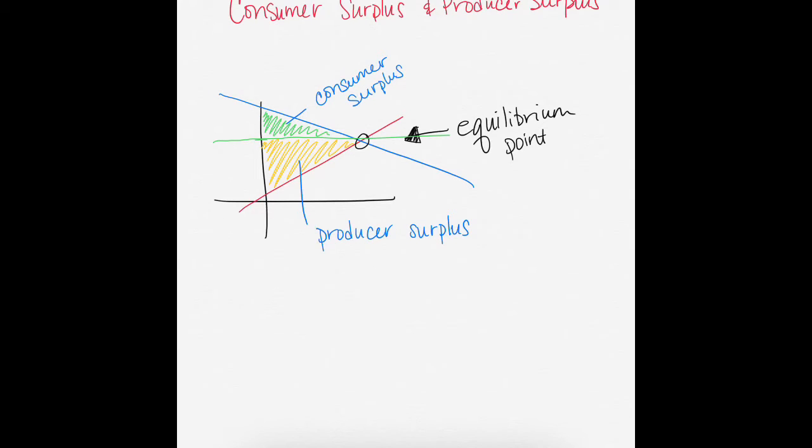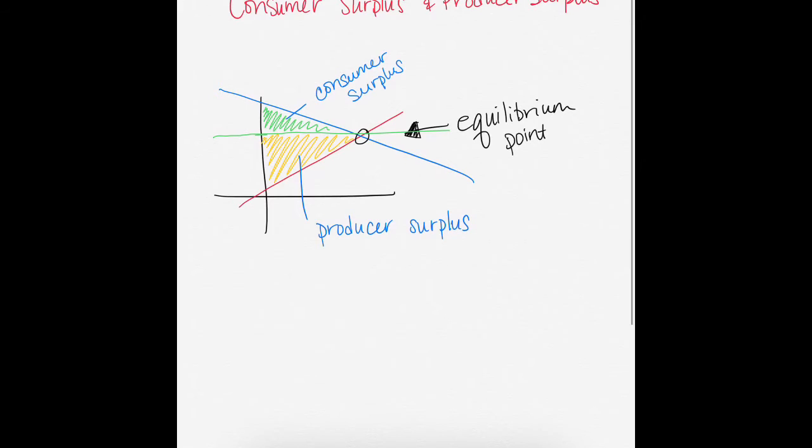So as you can see, the areas that these two create are triangles, because a supply and demand is always going to be a straight line in our instances. So we're going to create some sort of a triangle, and therefore the consumer surplus will be this triangle here and the area of that triangle. And then the producer surplus will be the area of this triangle right here.